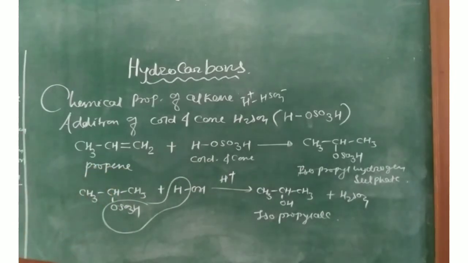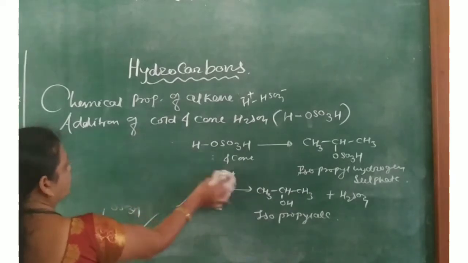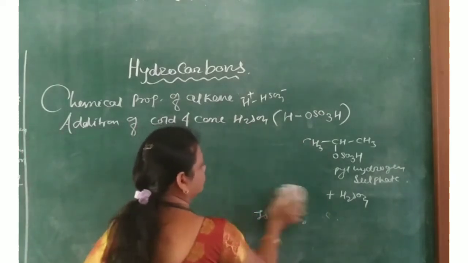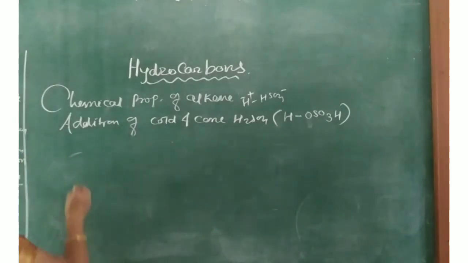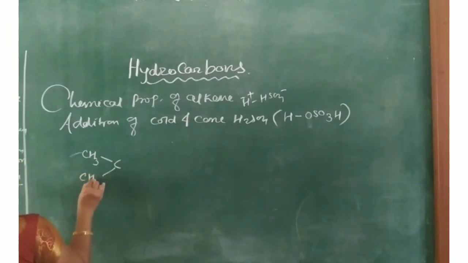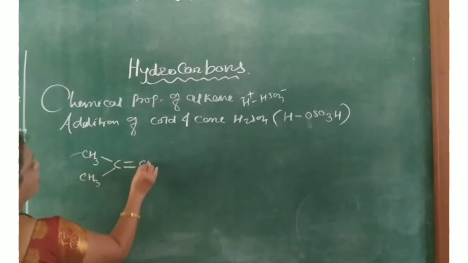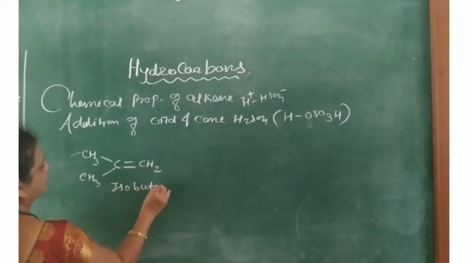Next reaction, that is action of sulfuric acid on isobutylene. On isobutylene, the structure is CH3C(CH3) double bond CH2. This is isobutylene.